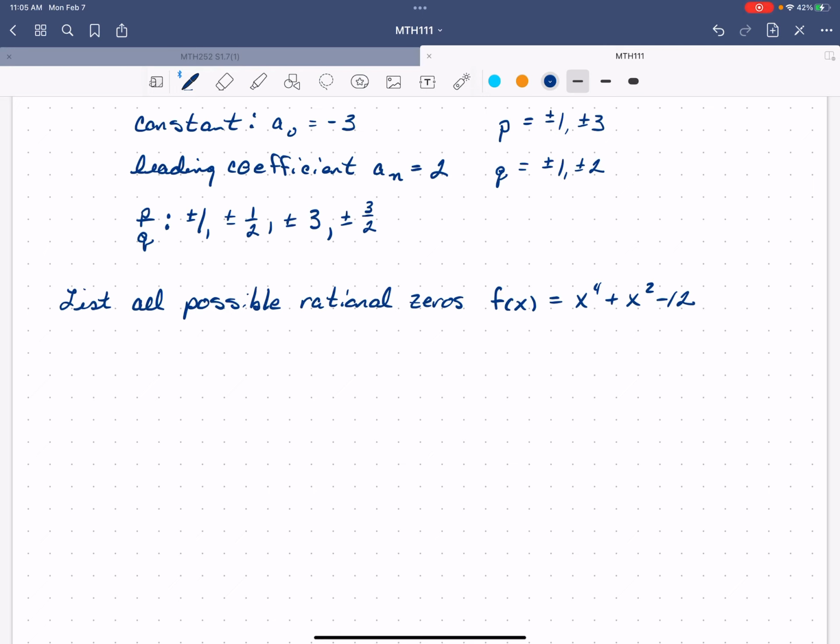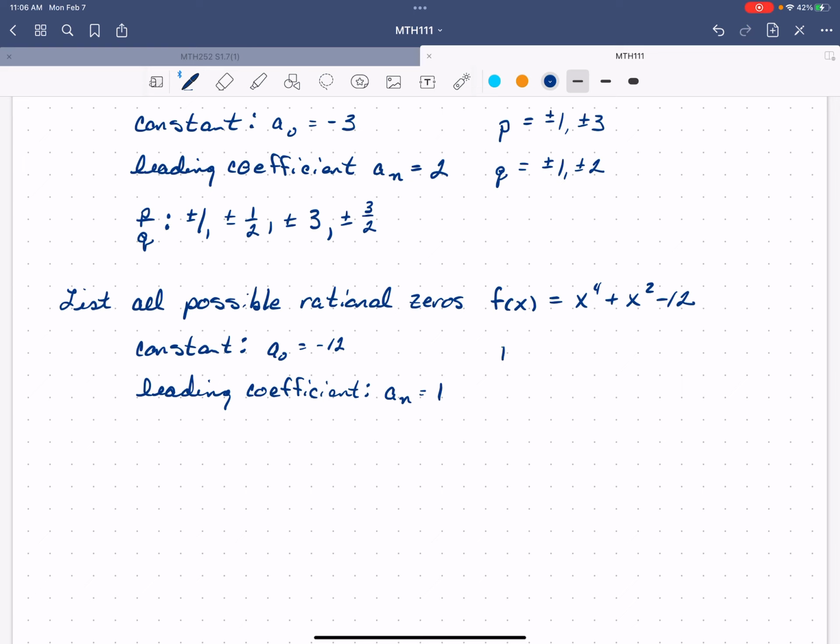So my p, well, let's start this way. My constant coefficient is negative 12. My leading coefficient is 1, because there's an implied 1 in front of that x to the fourth.